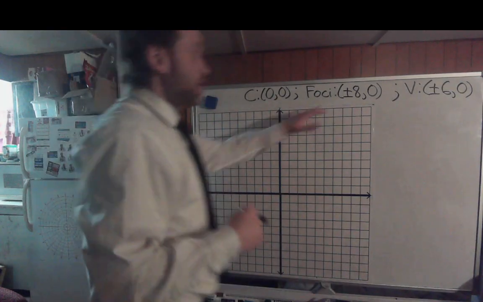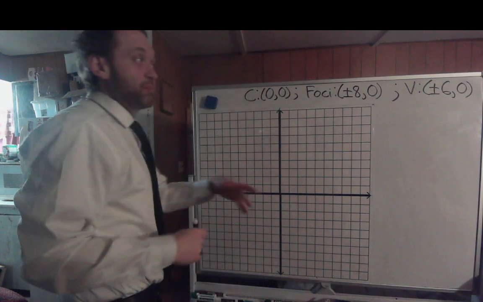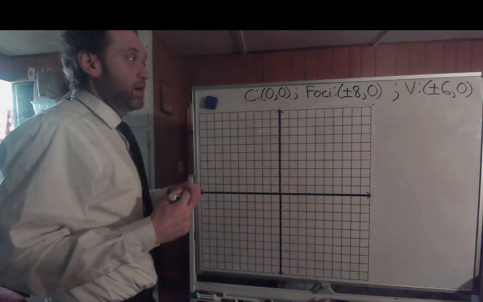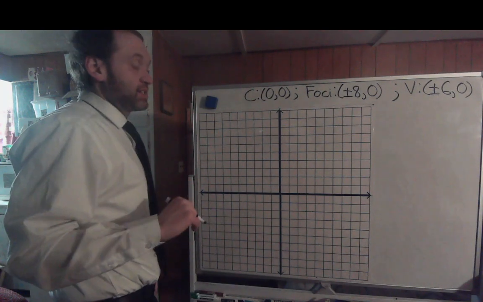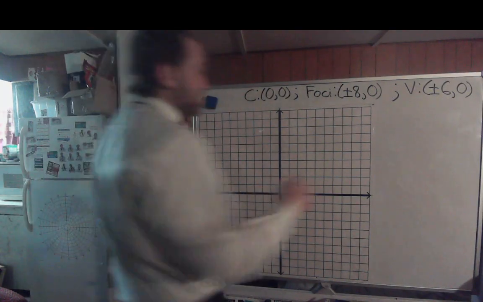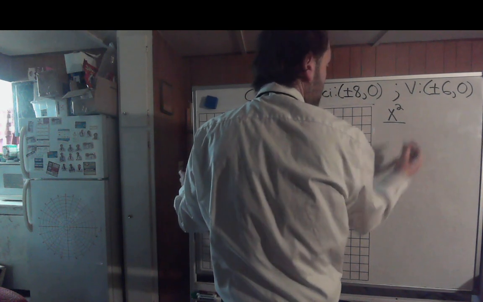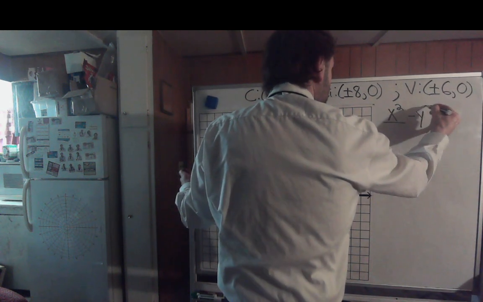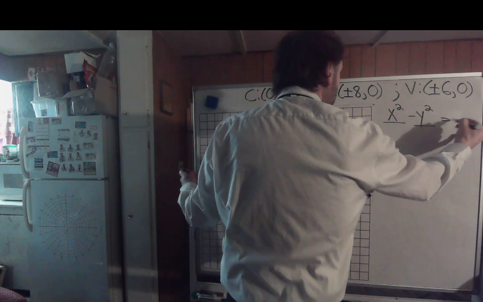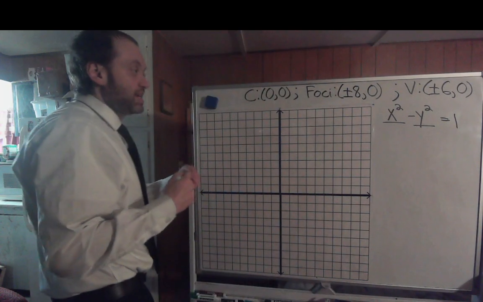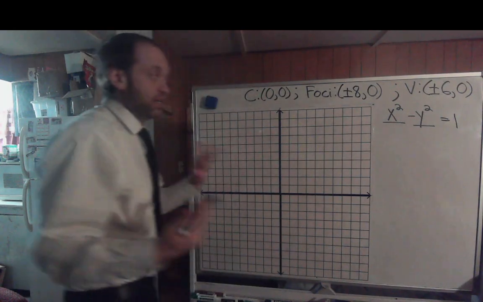Now your foci and vertices are on the x-axis because your y-coordinate stays 0, right? So the x-axis is the major axis, and the center's at 0, 0. That means you're going to have x squared over some number minus y squared over some number equals 1. Since the x-axis is the major axis, the x comes first.